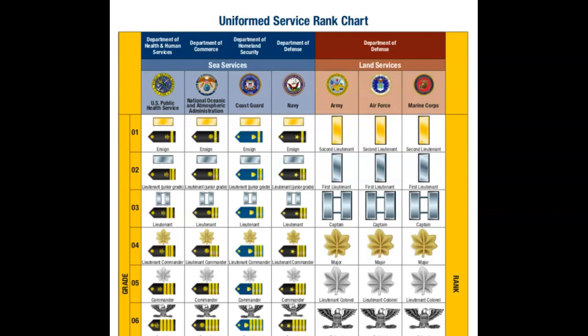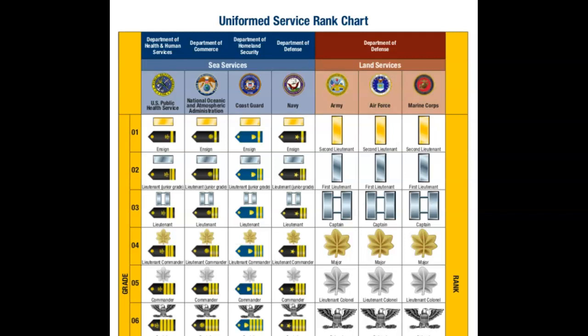There's the Department of Health and Human Services Public Health Service. There's the Department of Commerce's National Oceanic and Atmospheric Administration. There's the Department of Homeland Security's Coast Guard. And then the Department of Defense has the Navy. So those fall under what they call sea service ranks.